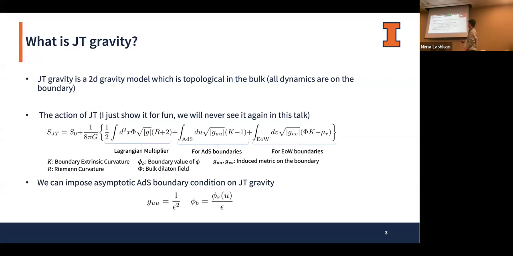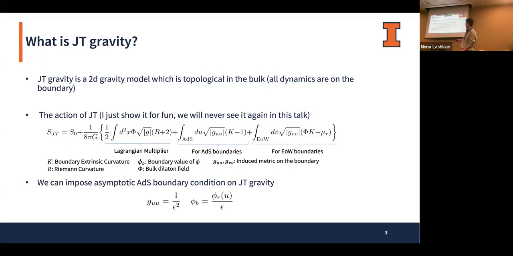We can impose asymptotic AdS boundary conditions on JT gravity. That's what we usually do, but not what we are doing here today. Today we are going to talk about end-of-the-world brane boundaries. This is a Euclidean AdS boundary condition in JT gravity, where it takes the induced metric to be a diverging constant, and the dilaton field, which is a scalar and actually a Lagrange multiplier, also takes a fixed value on the boundary.